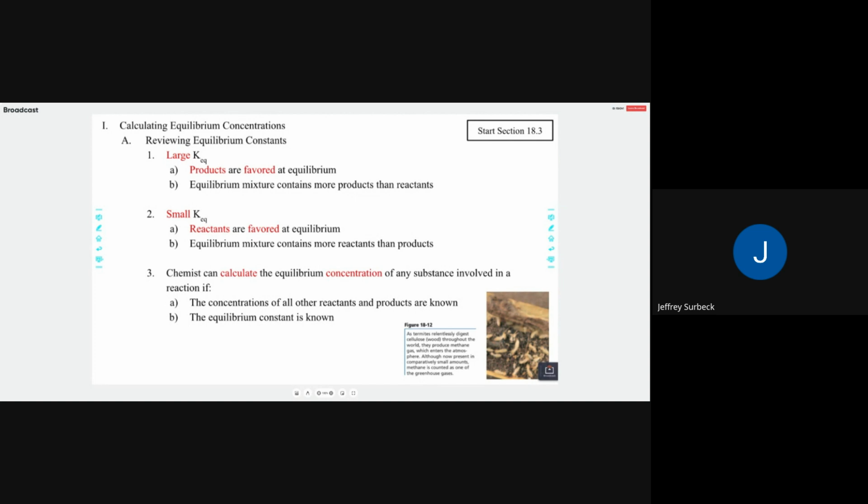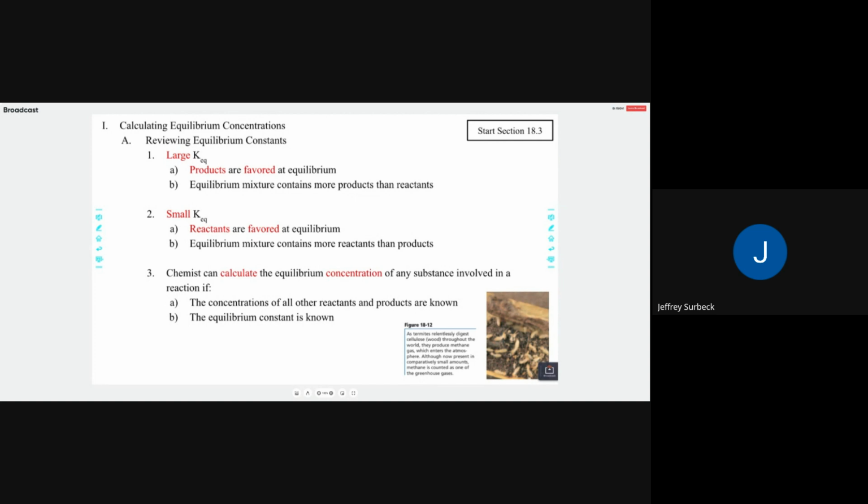There is a higher concentration of our reactants than products at equilibrium. K is always going to be a positive number, so the small k will be between 0 and 1.